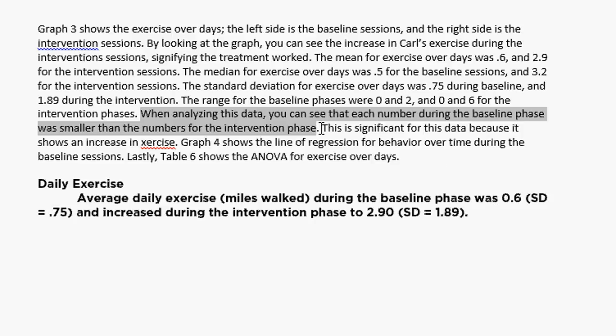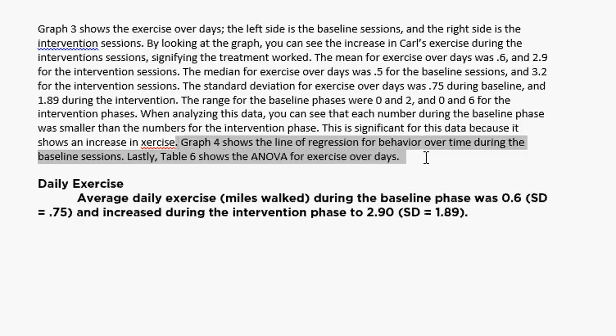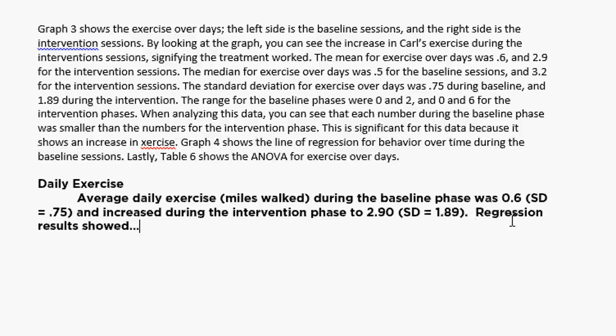And then a statement, this is significant for this data because it shows an increase in exercise. Well, we already know there's an increase in exercise because this mean is 2.90 and during baseline it is 0.6. So this sentence doesn't help us much. And then the following things here, we might want to elaborate on a little bit. So I might say regression results showed blah, blah, blah, and then elaborate from there.